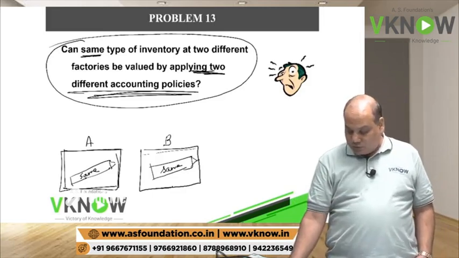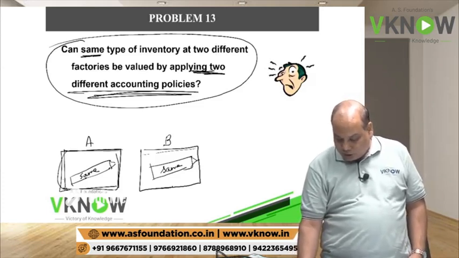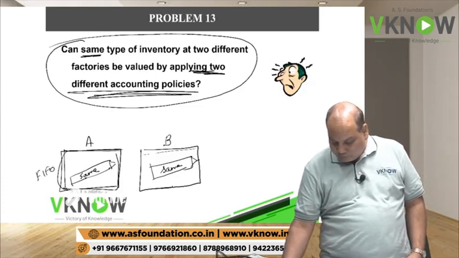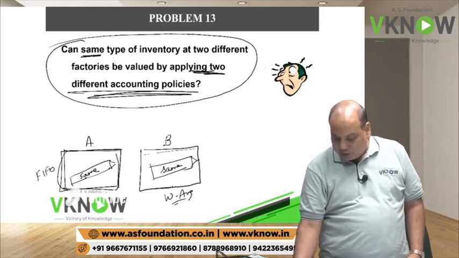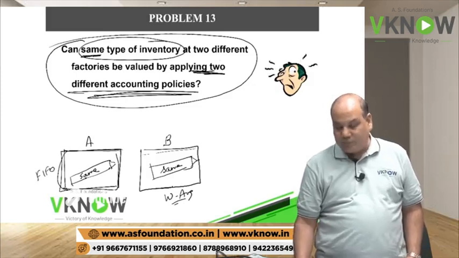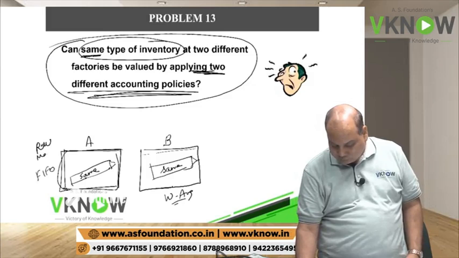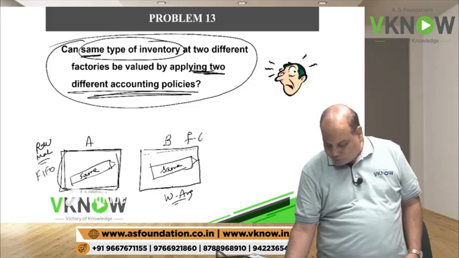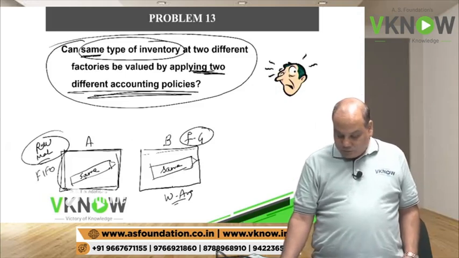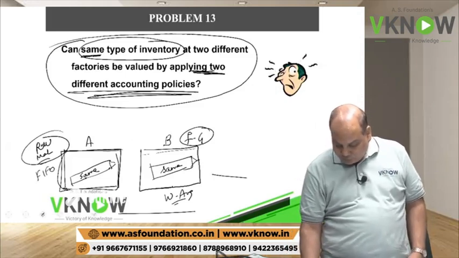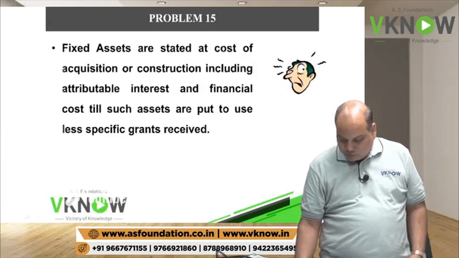So you will say no, because it is the same inventory. I can't follow FIFO here and I can't follow weighted average here. If they were different types of inventory, suppose this was raw material and this was finished goods, then I could follow two different accounting policies. So the answer is no.